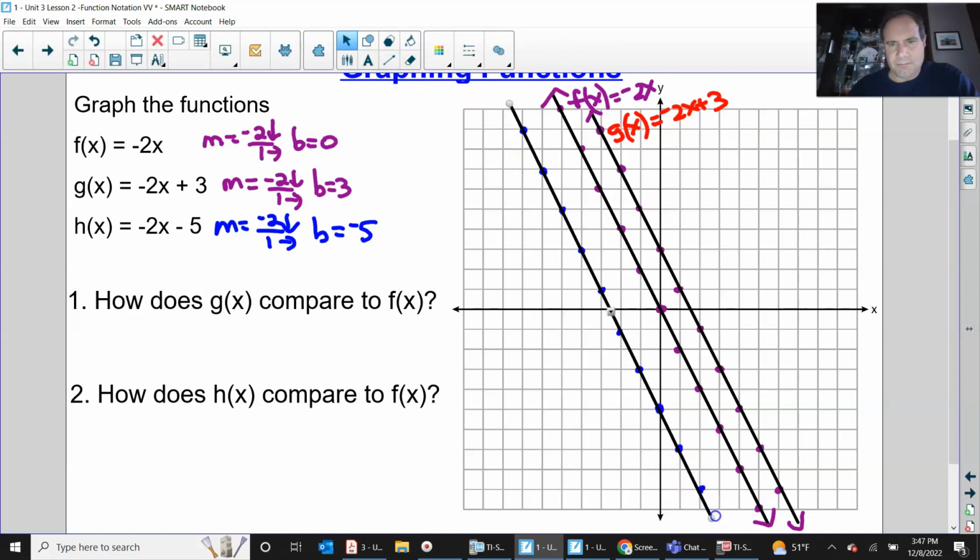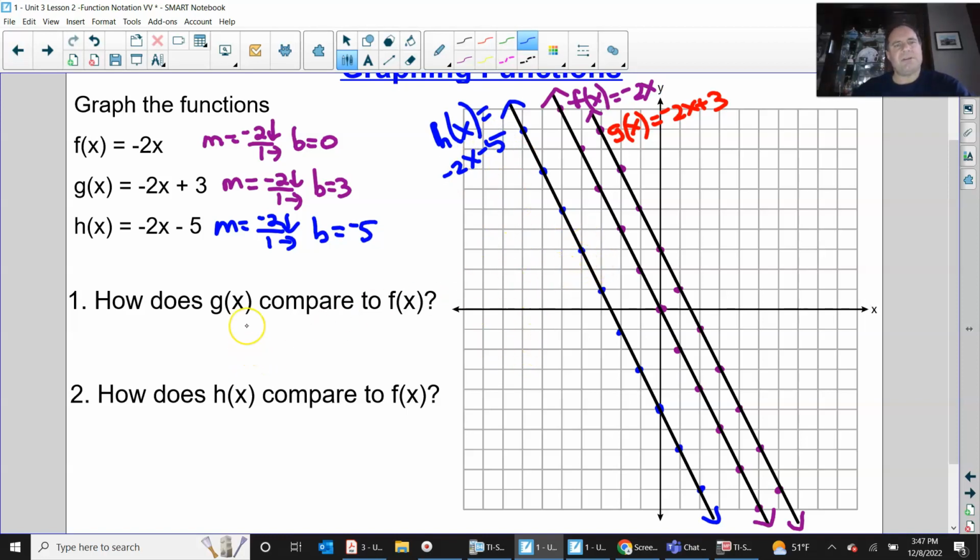Move this over here since this is a little bit messed up. All right, and we're going to put arrows. And we are definitely going to label this h of x equals negative 2x minus 5.